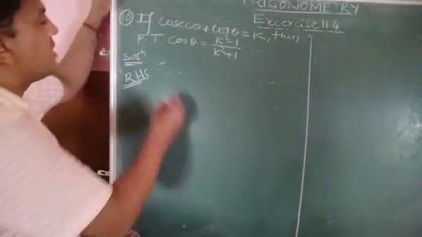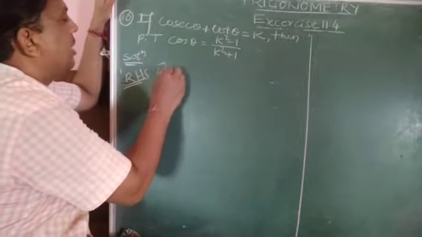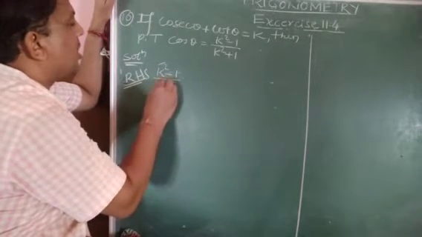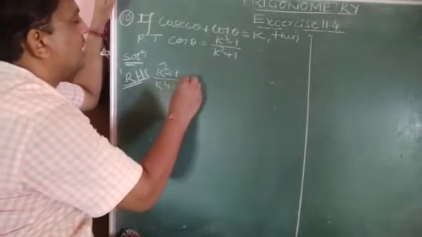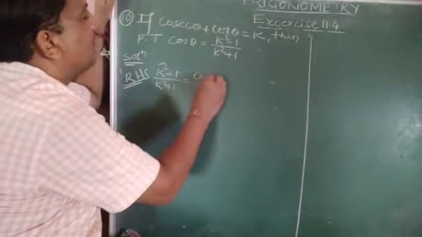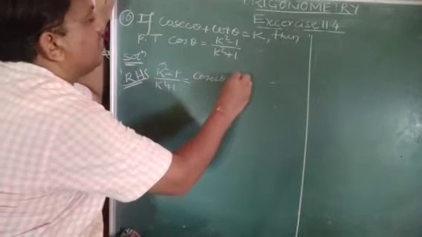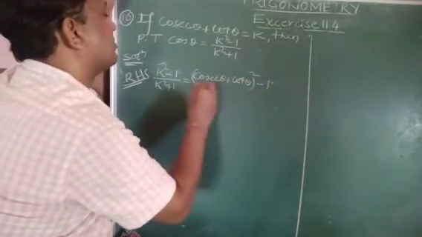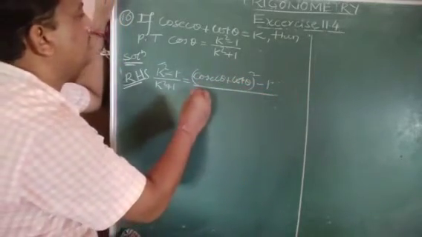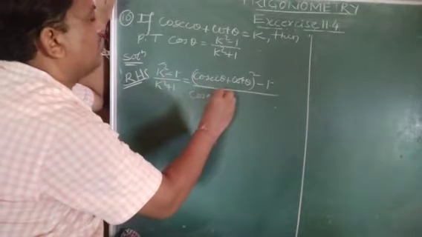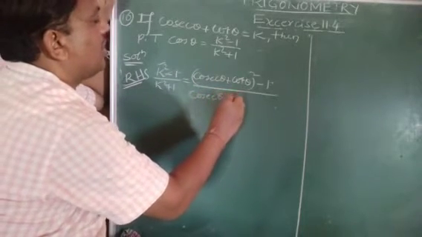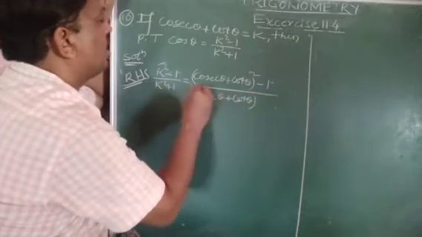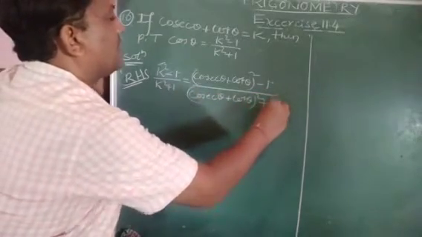So we are taking right hand side, that is K square minus 1 upon K square plus 1. In place of K, I am writing the given cosec theta plus cot theta whole square minus 1 upon cosec theta plus cot theta whole square plus 1.